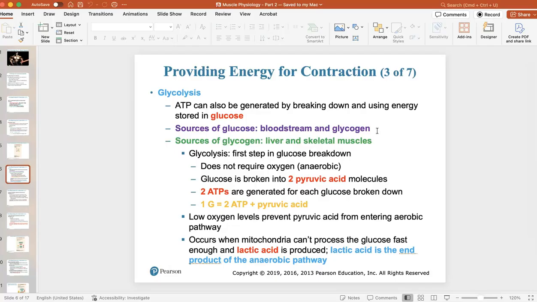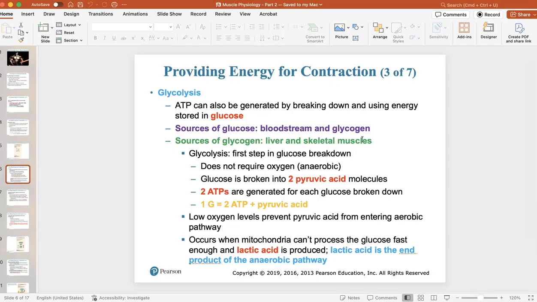So it's a very large sugar molecule. Let's just say for the sake of discussion that a glycogen molecule is 100 glucose molecules linked together.